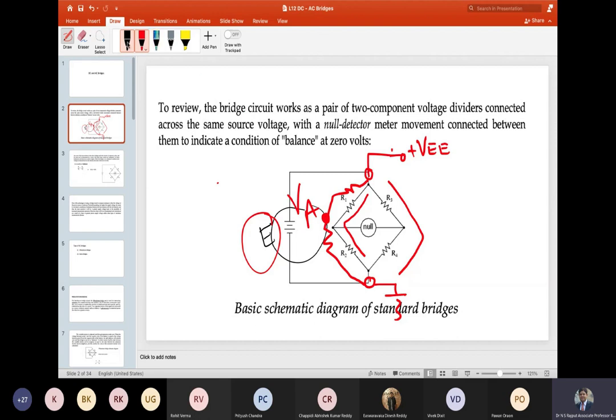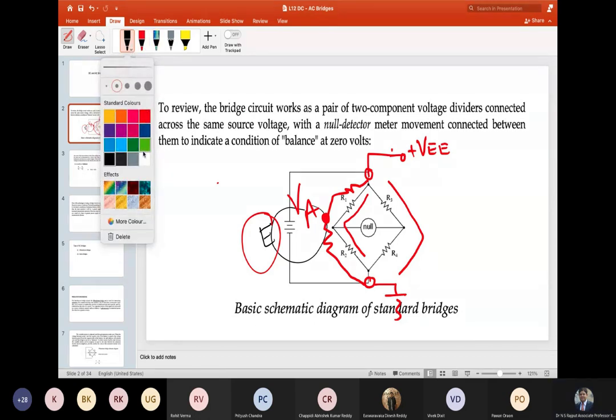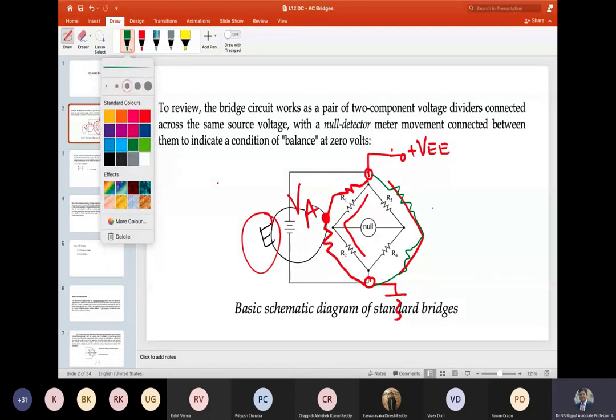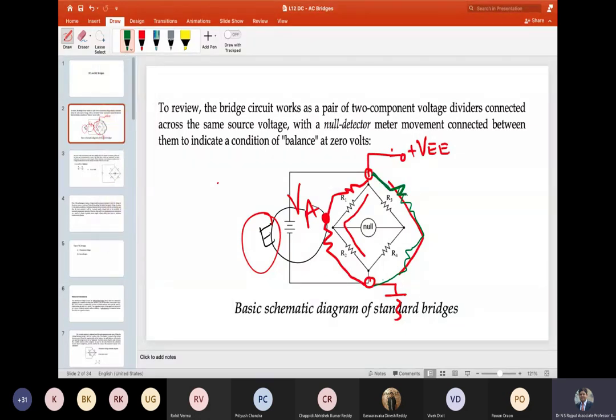Similarly on this side I have another path. In this path also, since this is connected with the same VEE and ground, this path will also redistribute the same voltage.